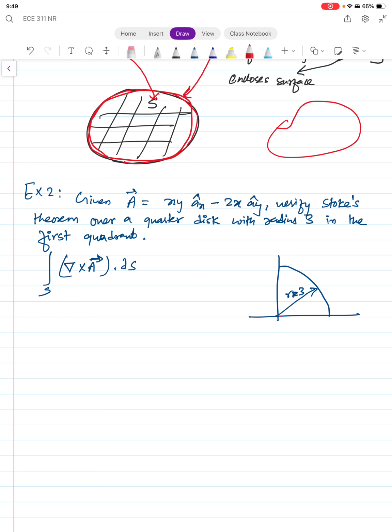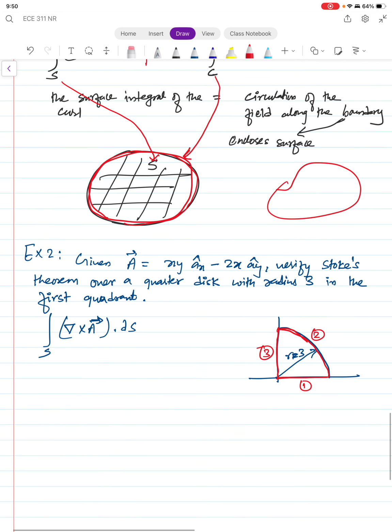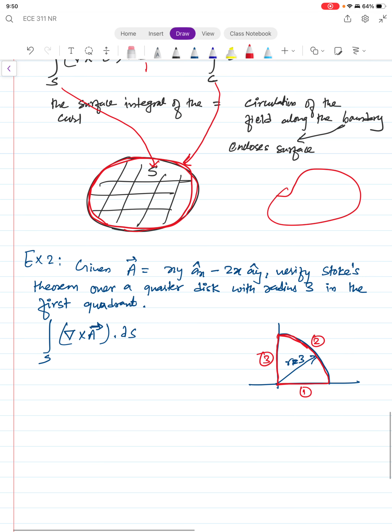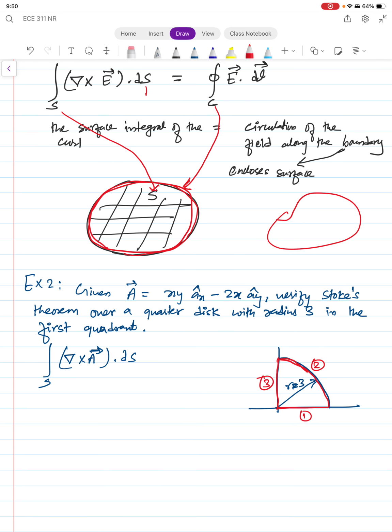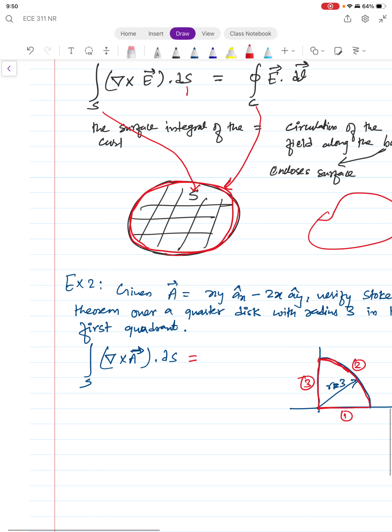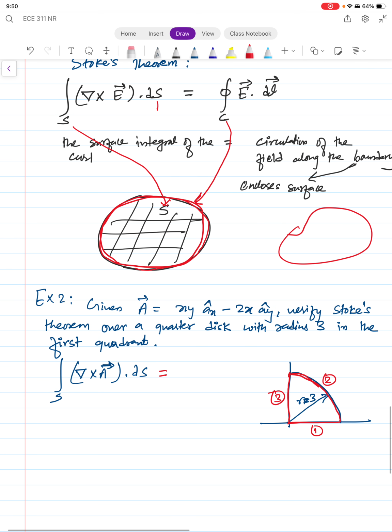The contour defining the surface will be this part of the disk, that part of the disk, and this part of the disk. So you'll calculate this E dot dl for these three different parts, and you'll combine them together to check whether you get the result that you obtained from the left hand side of Stokes' theorem.